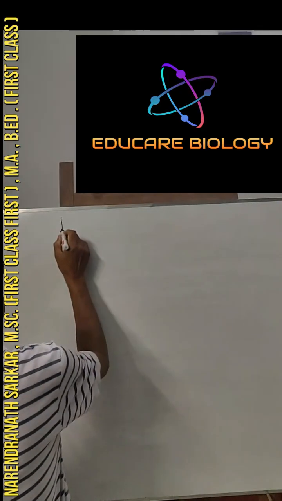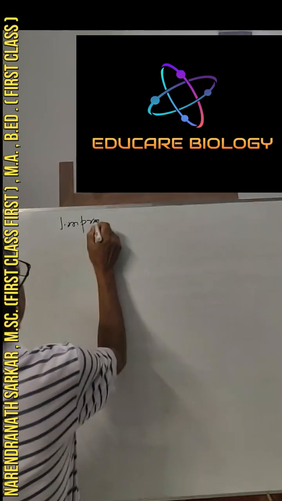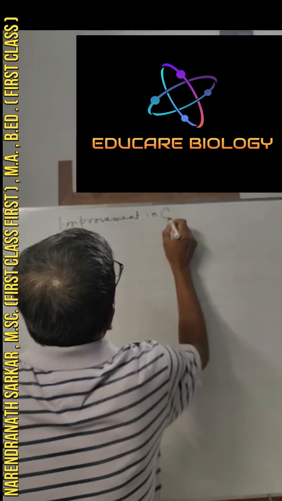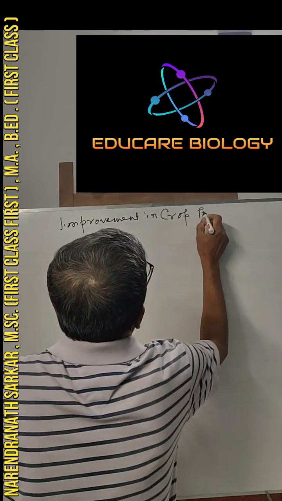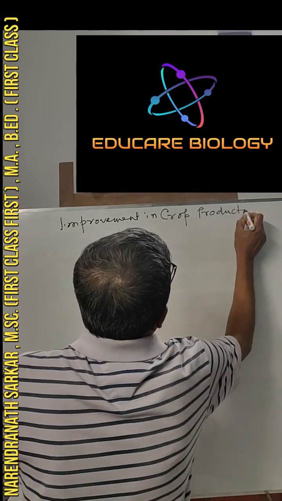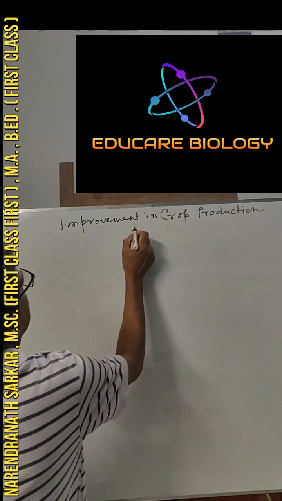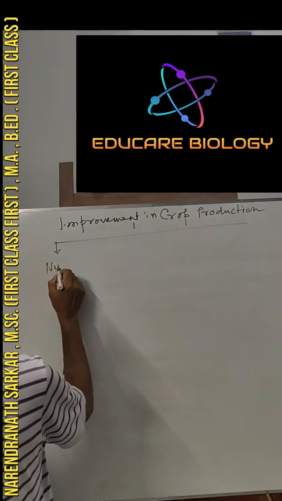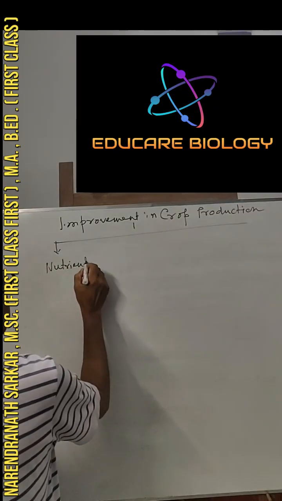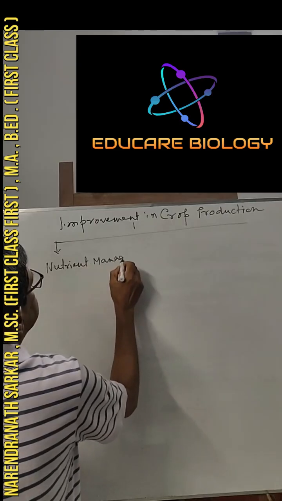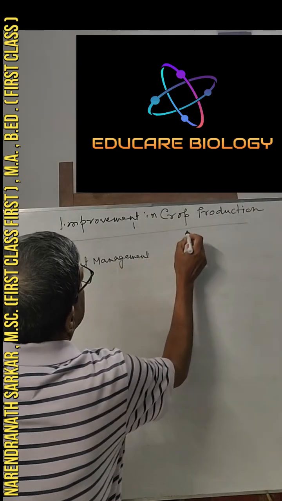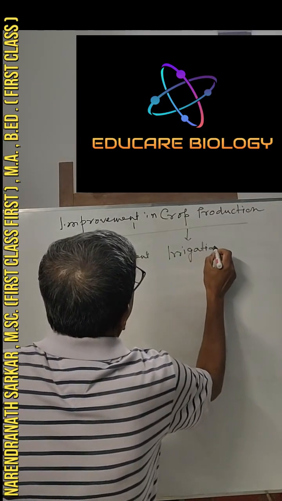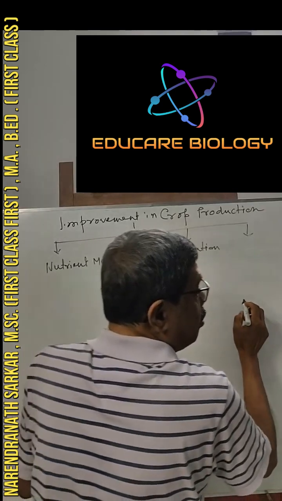Improvement in crop production is divided into nutrient management, irrigation, and cropping pattern.